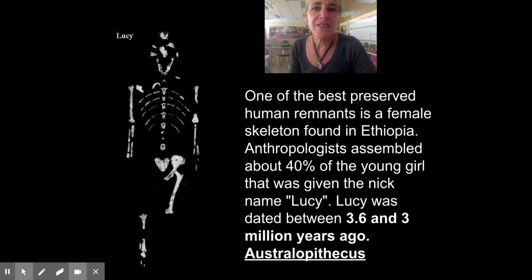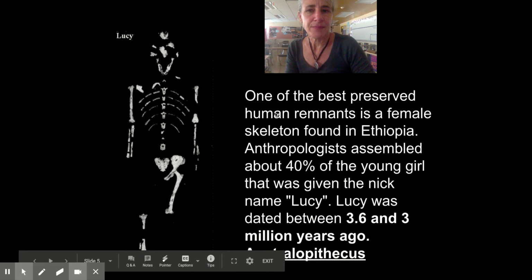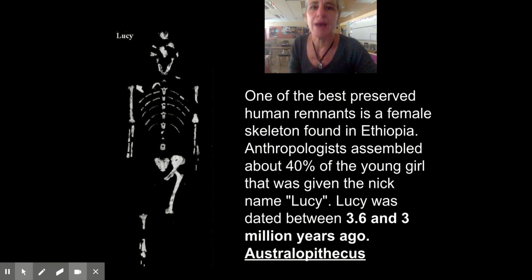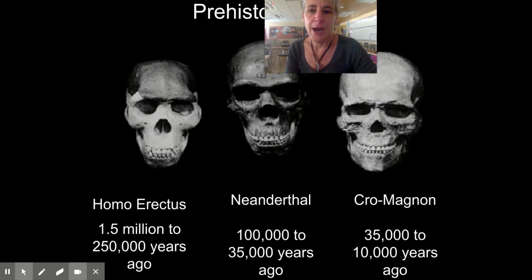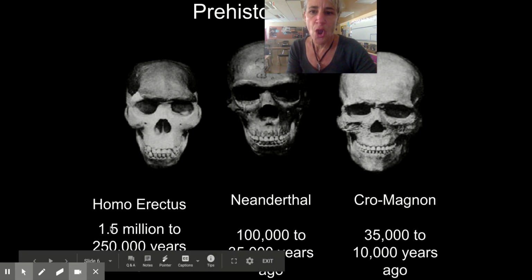This is not the oldest, it's the most complete fossil that was found of upright Australopithecus. She's called Lucy. Although since Lucy was found, there's a lot more that has been uncovered. These are just 3 skulls that have been found, looking at the difference between 1.5 million years ago to 100,000 years ago.